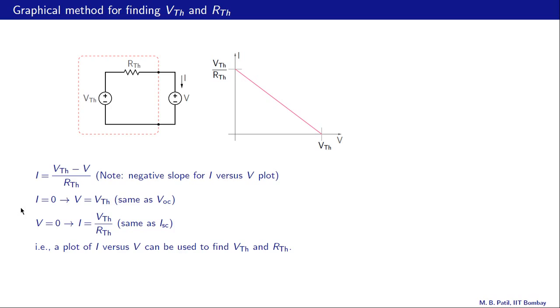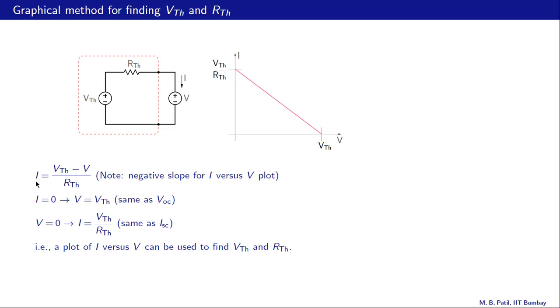What about the intercept of this line on the v-axis? To find that, we put I equal to 0 and we get v equal to Vth. So that gives us the x intercept, and Vth, remember, is the same as Voc. What about the y-intercept? To find that, what we do is put v equal to 0.